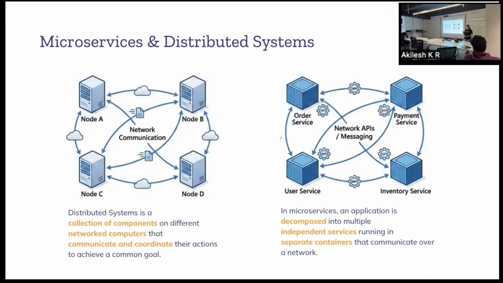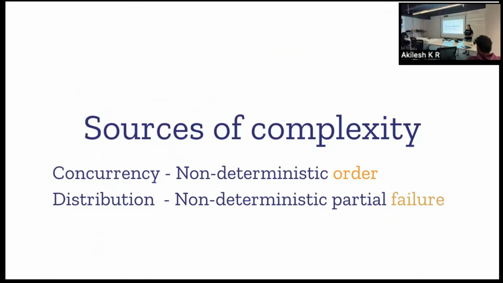Since microservices take inspiration from distributed systems, they also inherit the sources of complexity. So it is also concurrent, it is also distributed. The same problems that occurred in the distributed system world are going to happen in the microservices world as well, and we have seen that those things happen.